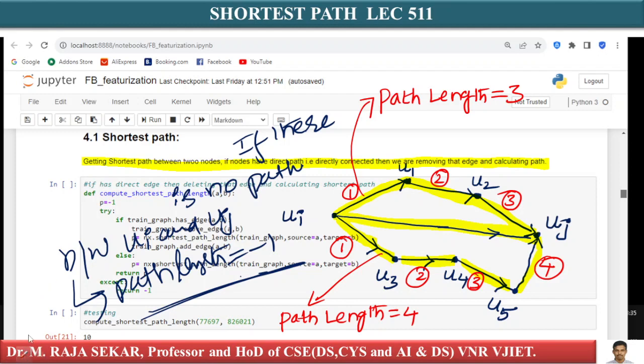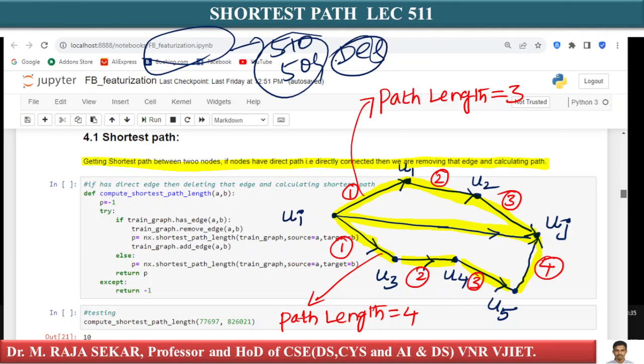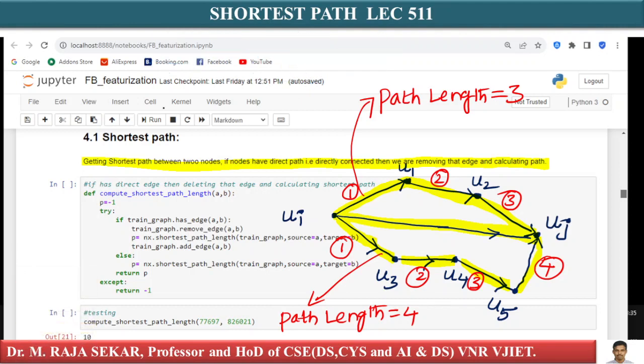There is a very simple function. I already kept this IPython notebook in the comment section and description section of my previous lectures. You can find this IPython notebook in the description and comment sections of lectures number 510 and 509. If you have any difficulty finding that IPython notebook, just make a comment.